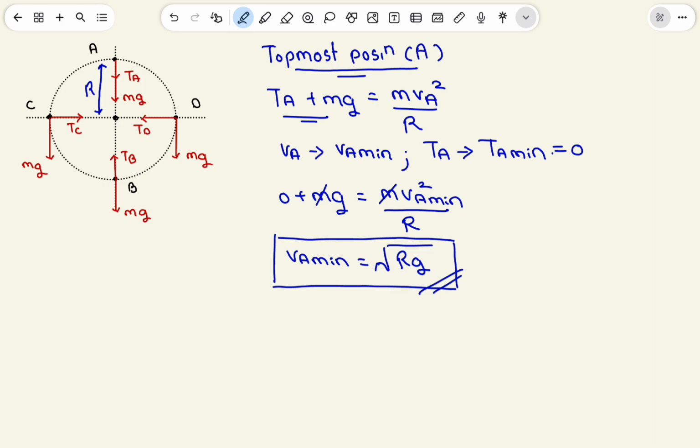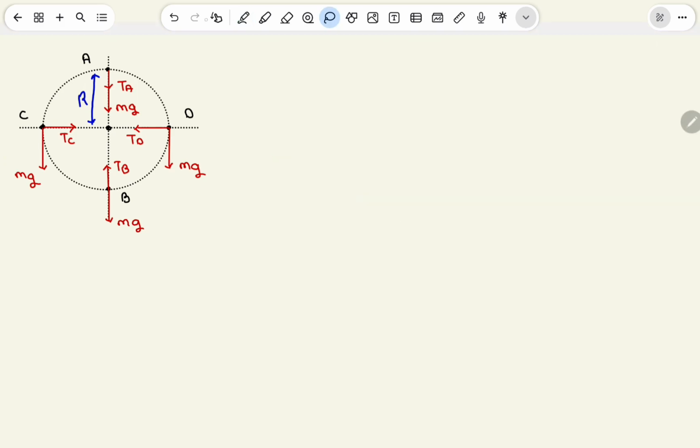Now, after this topmost position, let's move on to the bottommost position, which is point B. First, we will change the methodology in which we are finding the minimum velocities.